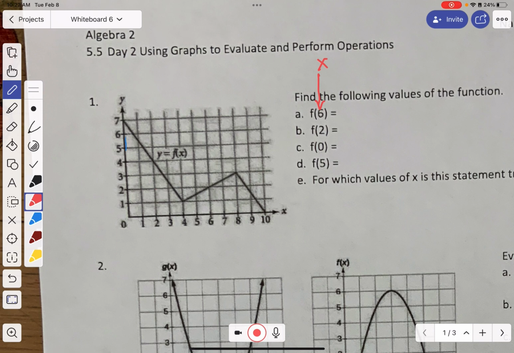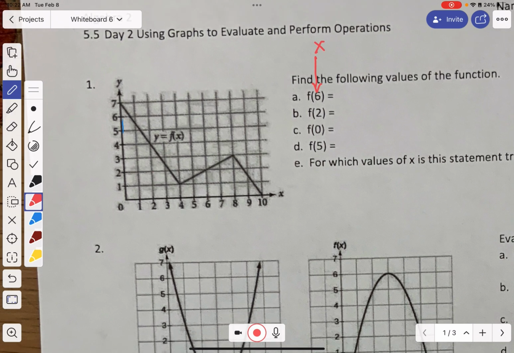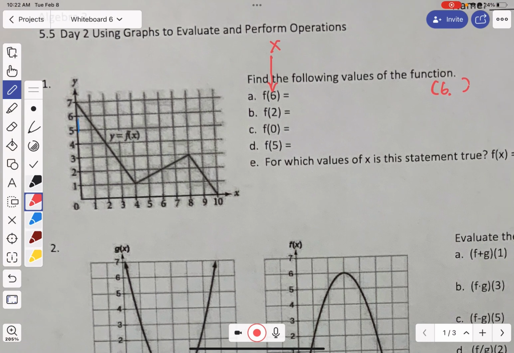We can find that y value by saying, okay, I know my x value has to be 6. What is my y value going to be? Well, if I take my graph and I go over to 6, there's 6 right there for my x value.